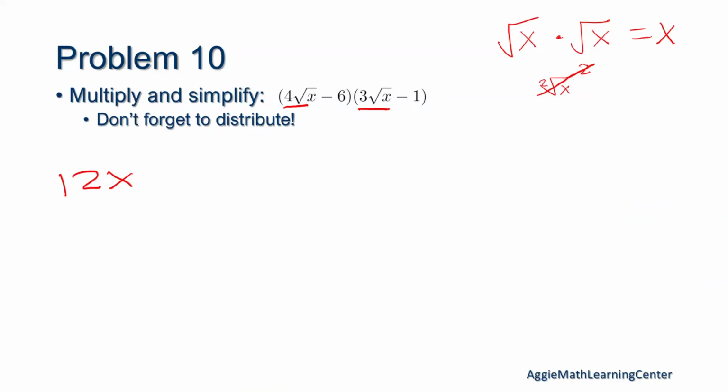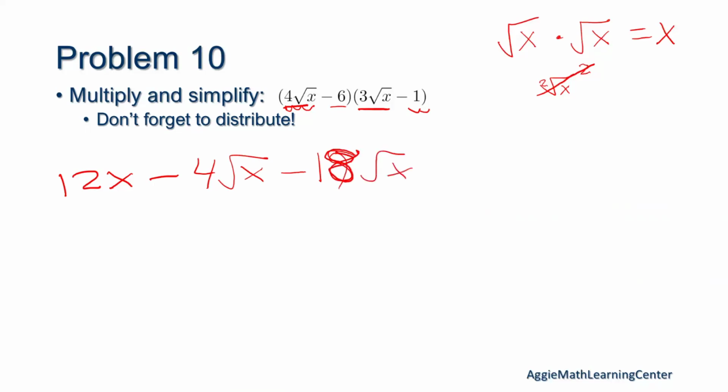Okay, perfect. So then we did the first, then we can do the outside ones. Get negative 4 root x. Inside, negative 9 times 2 is negative 18. We cannot do multiplication today, apparently.